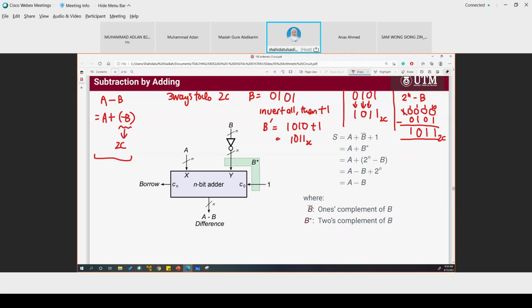So that is how we can prove the results. We want to do subtraction, but only using an adder.